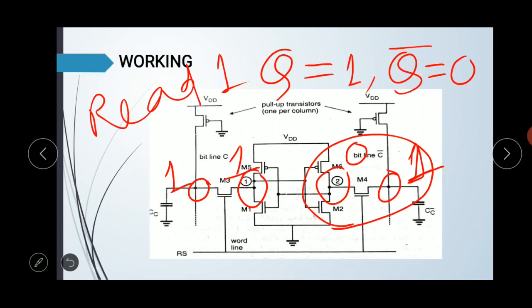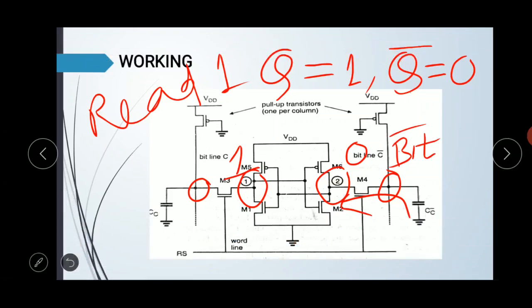Due to this voltage difference, the current starts to flow in this direction, meaning the capacitor starts to discharge, and because of that the voltage of the bit bar column, as we consider it the bit bar line, starts to decrease, and this bit bar column decrease process is interpreted as read one operation. Okay, so this is all about read operation.